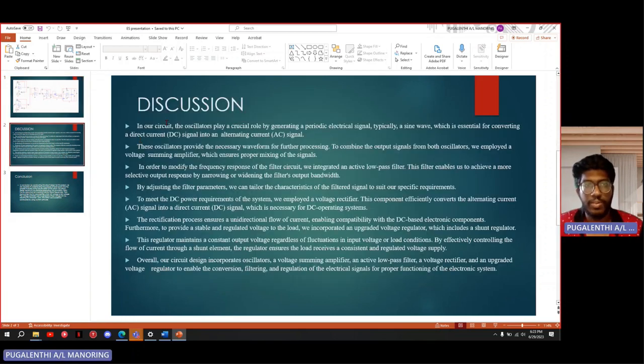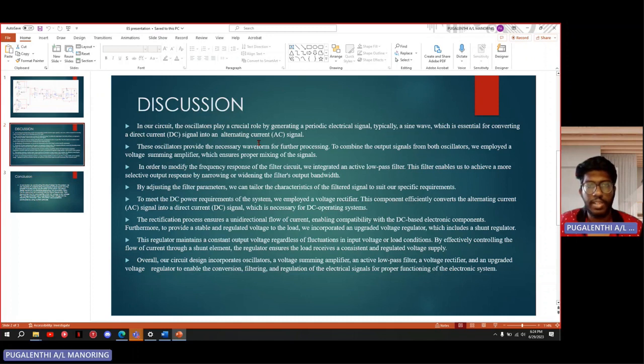Furthermore, for discussion, the oscillators play a crucial role by generating a periodic electrical signal, typically a sine wave, which is essential for converting a direct current signal into an alternating current signal. These oscillators provide the necessary waveform for further processing. To combine the output signals from both oscillators, we employed a voltage summing amplifier, which ensures proper mixing of the signals.